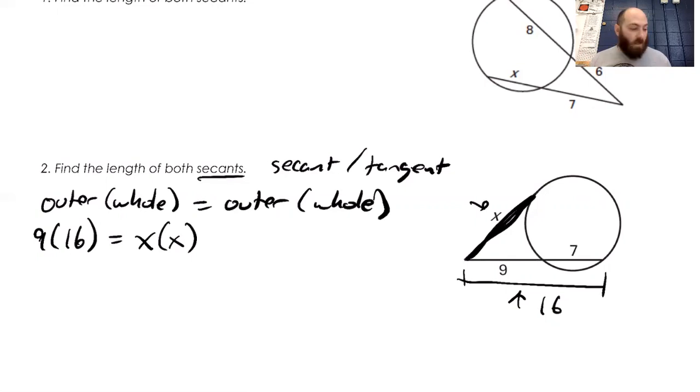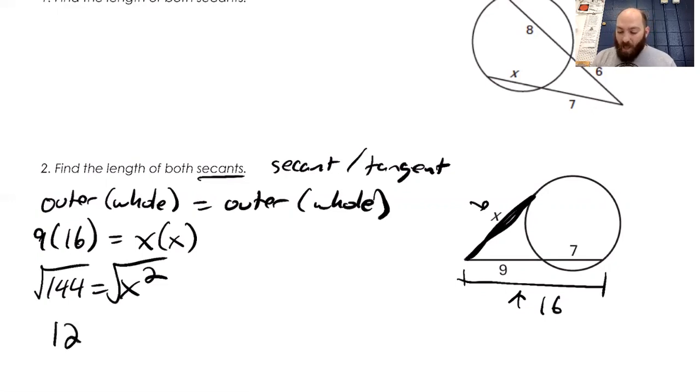I can still apply the idea of outer times whole here. So I got 9 times 16, which gives me 144 is equal to x squared. Now I can square root this. x squared equals 144, and I get 12 for x.